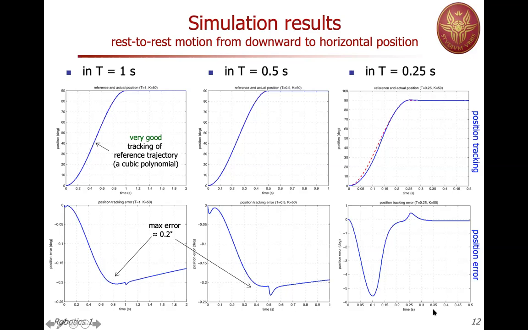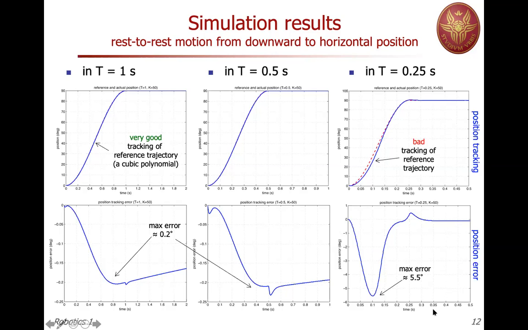Now, if you halve the time again, so you have 1/4 of the original time, it means that the velocities in this motion have become 4 times as large as before at every instant, and acceleration is multiplied by a factor of 4 squared, so by a factor of 16. Now you can see the difference between the planned cubic, which is the dashed red line, and the actual motion.